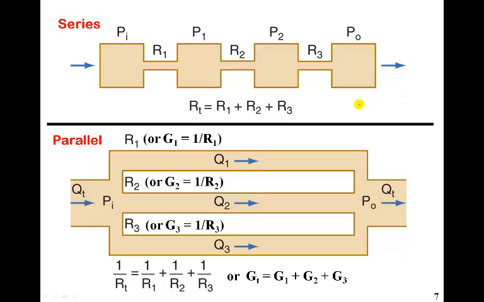This is called series resistance, and in that case you get a simple sum. The total resistance of this series of vessels is simply the sum of the individual resistances. You figure out R1, figure out R2, figure out R3, and the total resistance is just the sum of the three.